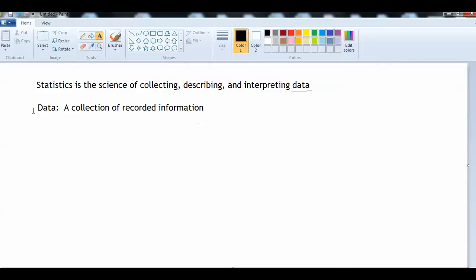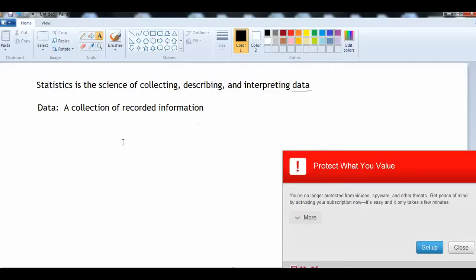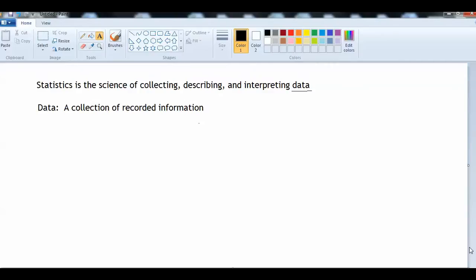Now what type of information do we care about in statistics? We don't actually care about information such as pages of information or paragraphs of information. What we actually care about are little pieces of information that people record. And the word data is actually plural.